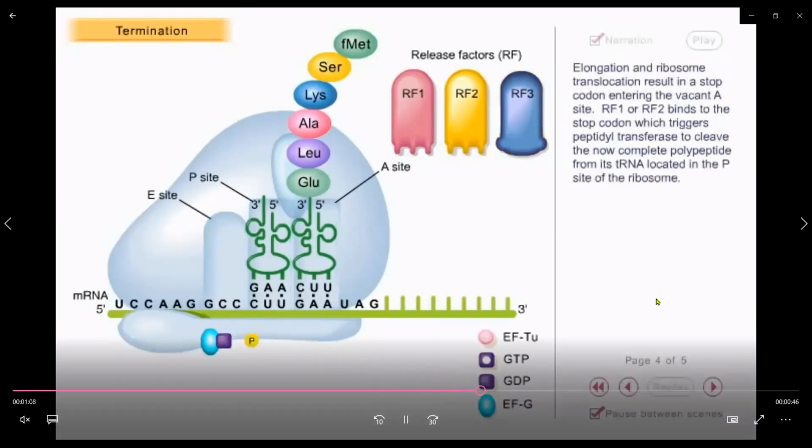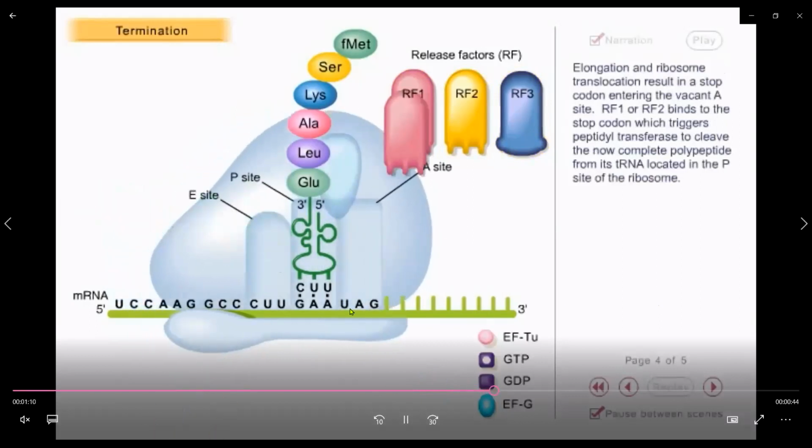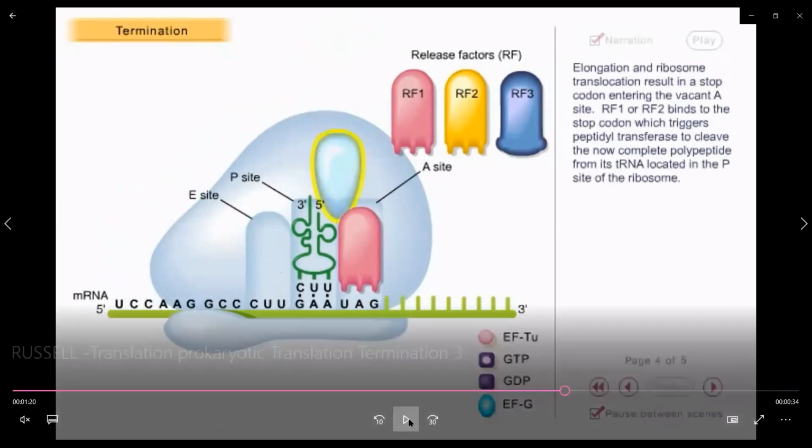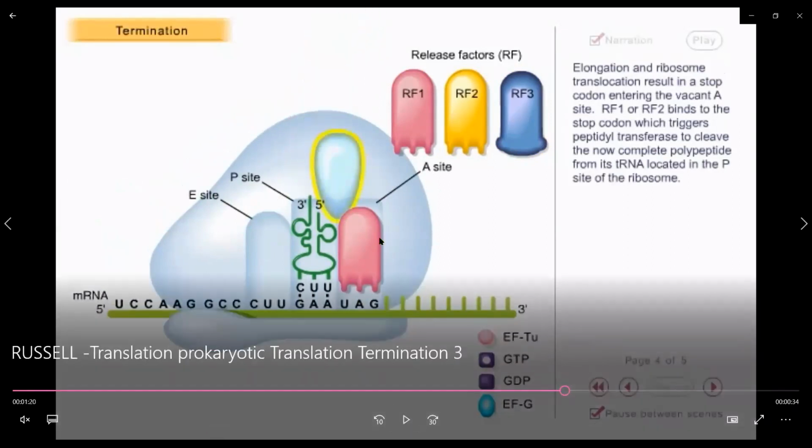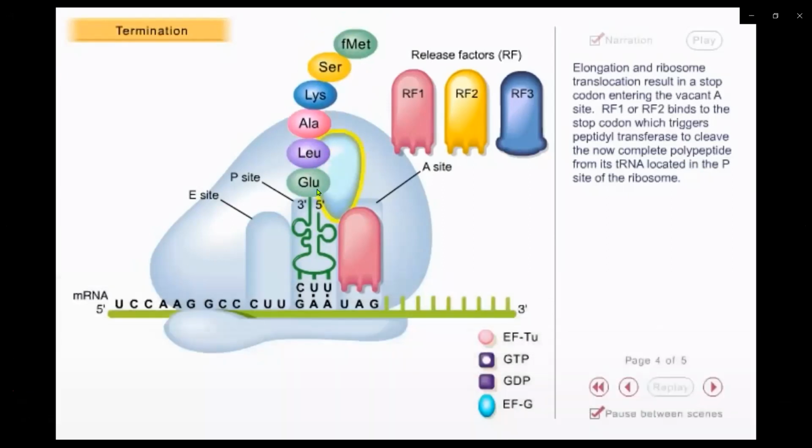Now, translocation occurs, as I said, and we now have this stop codon on the A site. Release factor 1 recognizes the stop codon. And as you can see, once the release factor 1 recognizes that stop codon, what did you see? This peptidyl transferase will now cleave the polypeptide that was on this tRNA. You saw it? See, the peptidyl transferase will now cleave the polypeptide.